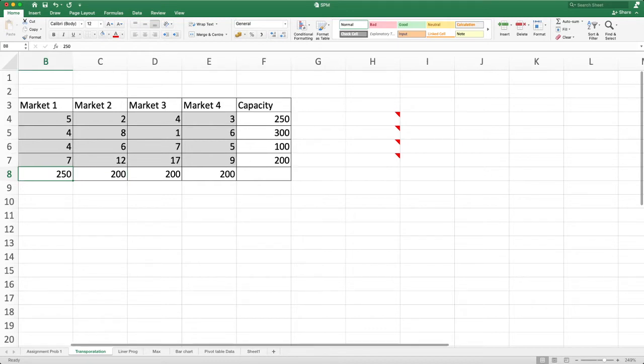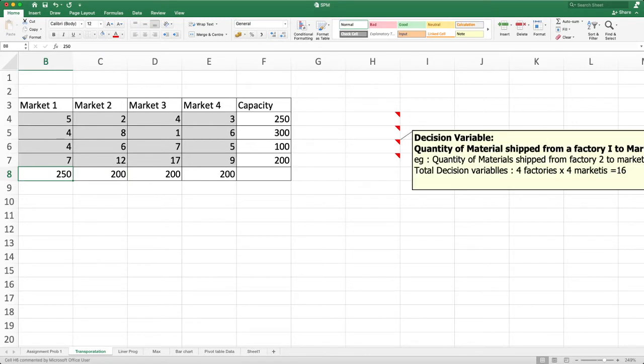The decision variable is the quantity of material shipped from a factory to a market. So total decision variables are 4 factories into 4 markets, equal to 16.